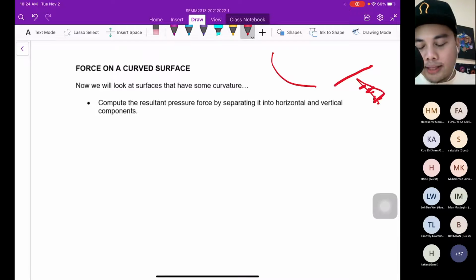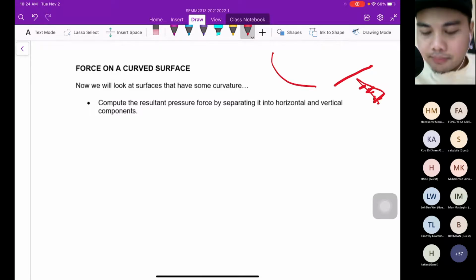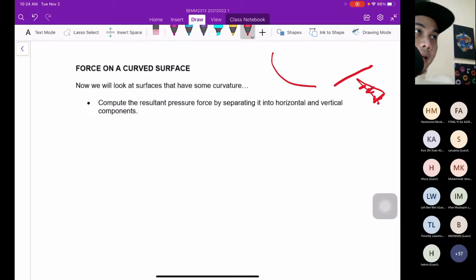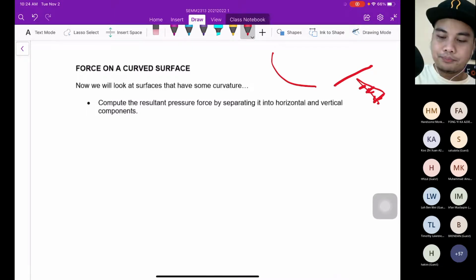Okay, so now we look at the surface that have some curvature. Compute the resultant pressure force by separating it into horizontal and vertical component.